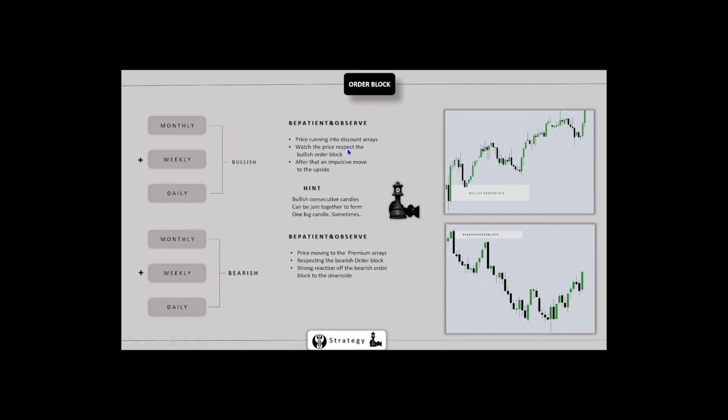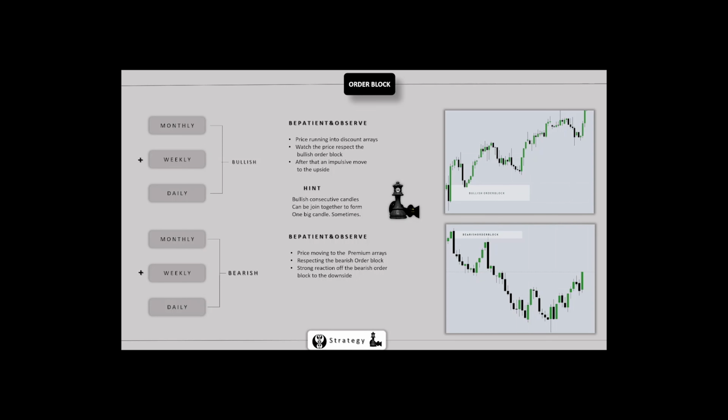Okay, we have a top-down analysis and what we should be patient to observe. When the month begins, I do my analysis on the monthly and the daily. As the month goes on, in the second week, I focus on the weekly and daily, down to where I take trades on the 1 minute and 5 minute charts.